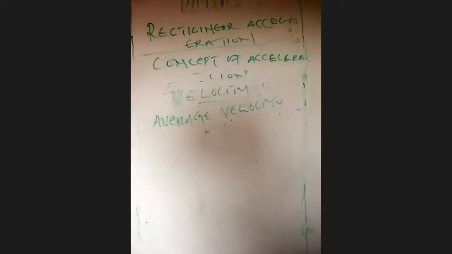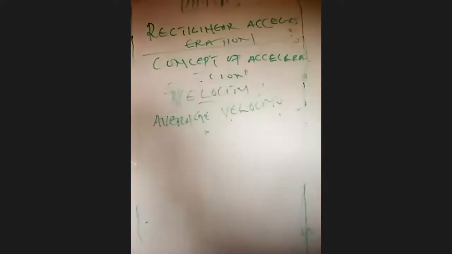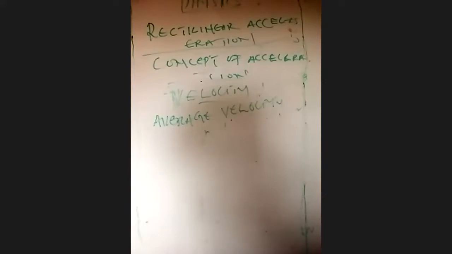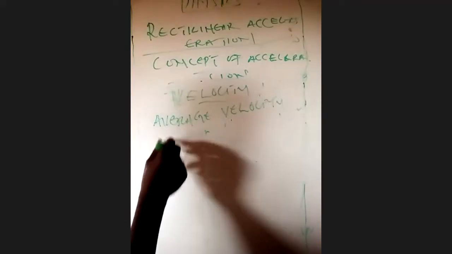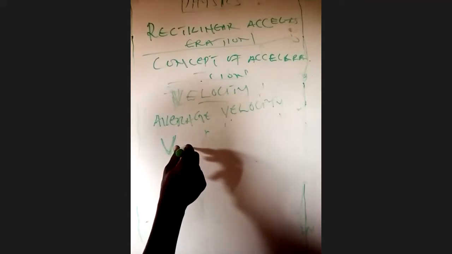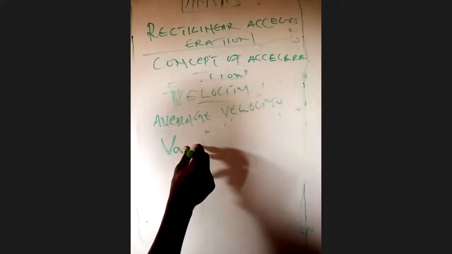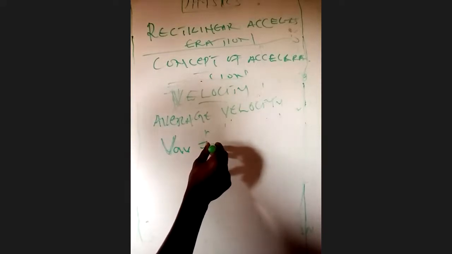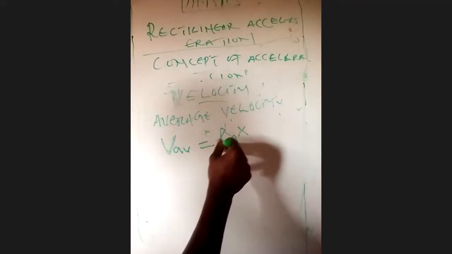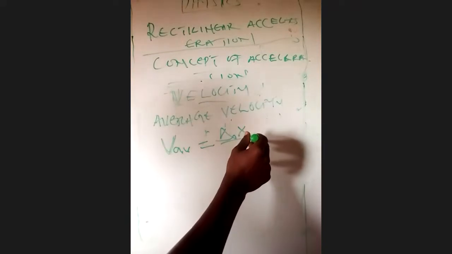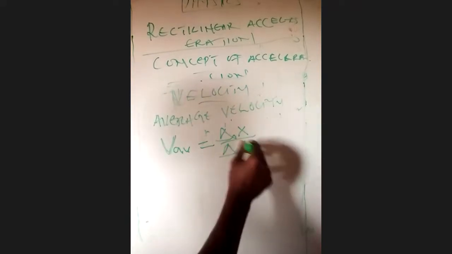Average velocity is represented by V, AV, and it is the ratio of total displacement S over time interval T.